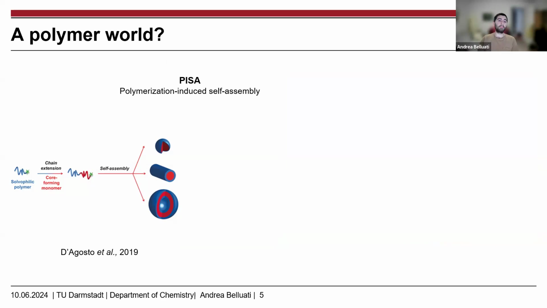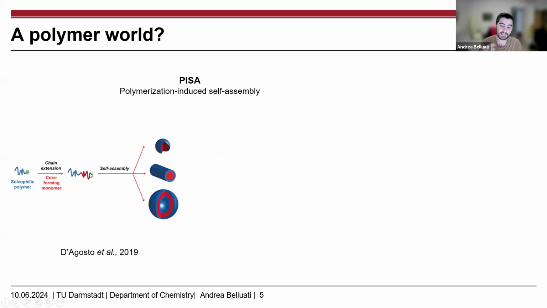That is the polymerization-induced self-assembly, where you start with a solvophilic polymer, that is a polymer that is soluble in your environment, which is usually aqueous, so water, on which you extend a core-forming monomer, so a monomer that is hydrophilic as a monomer, but as the chain is expanded and this block of new monomer gets longer and longer, it becomes amphiphilic. So you have a hydrophilic block and a hydrophobic block.